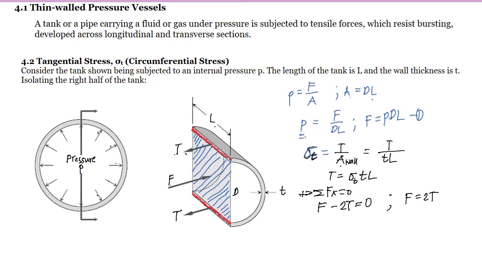Now substituting the value, since we have here our equation 2 and equation 1, so F, that is PDL, and we have 2, and the T is the tensile stress multiplied by TL, and if we equate in terms of the tensile stress or the tangential stress, that is equal to PDL over 2TL.